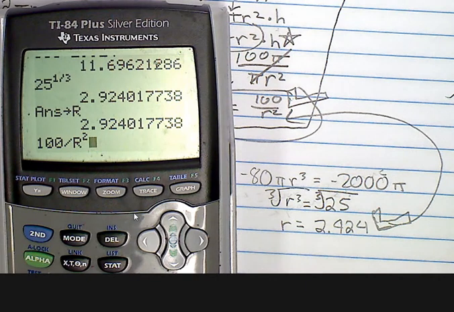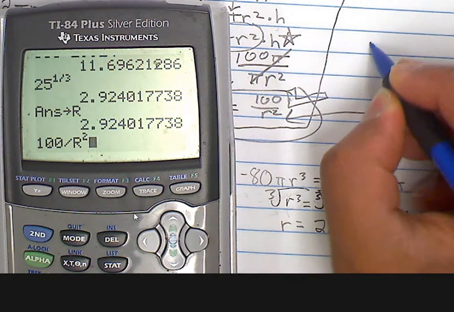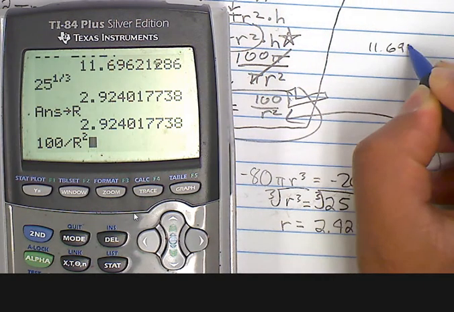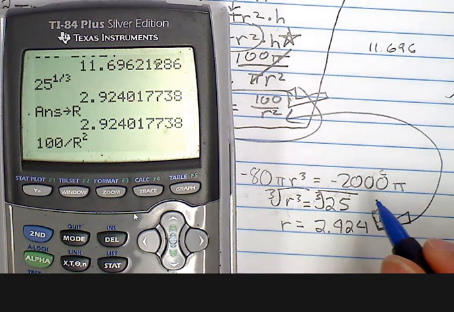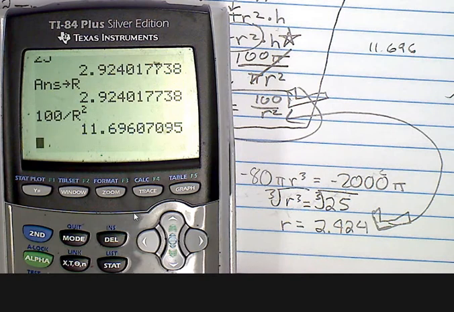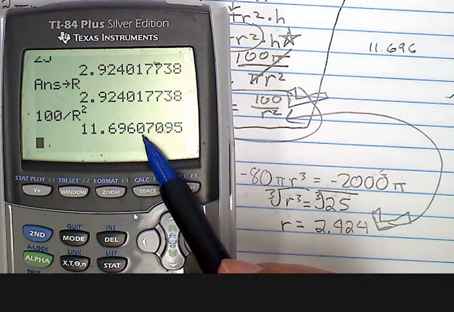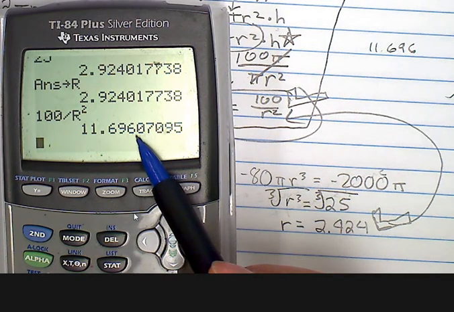All right, so let's note what our answer was right here: 11.696. Let's see if we would have been correct if we had done it the other way. 11.69, but I think the decimals change right here. Yeah, they are different, but we would have got lucky.